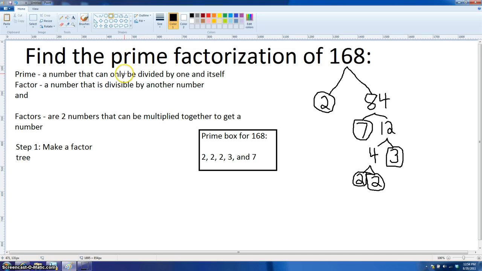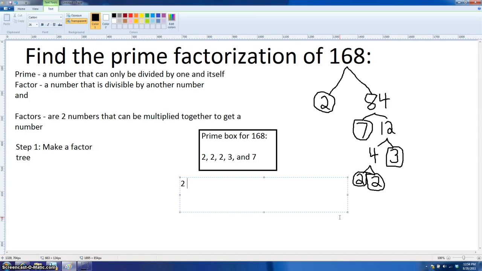Alright, now this can be written in 2 ways. First way is standard form. Well, standard form, you know that's 168. I mean expanded form, which is 2 times 2 times 2 times 3 times 7. And that should give us the answer of 168.